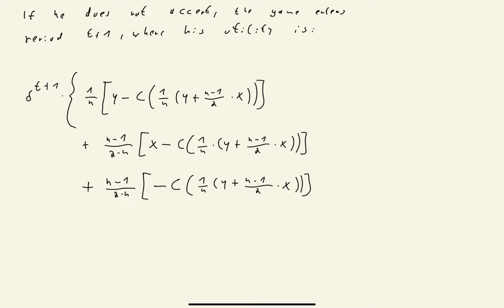Now, given all this information, we can write the optimization problem for legislator I in period t, who is deciding on his own transfer y and the transfers to all the other legislators. So the optimization problem of I in t is the following.